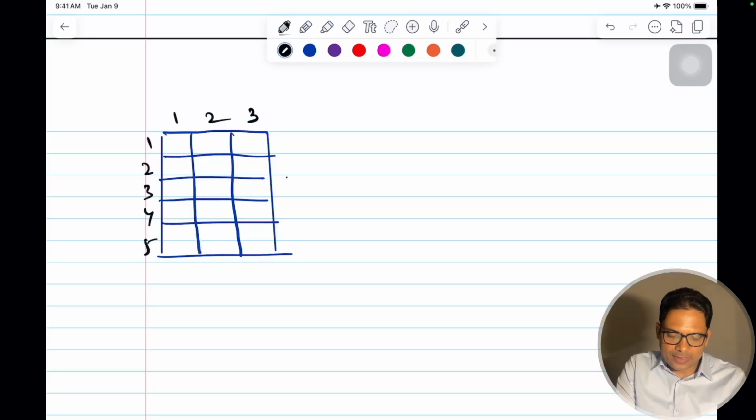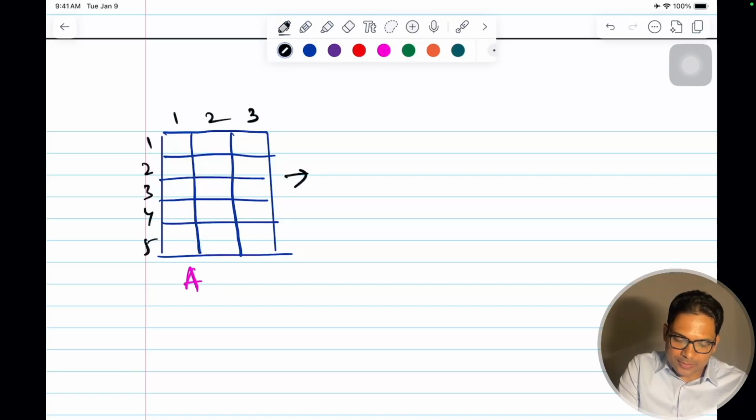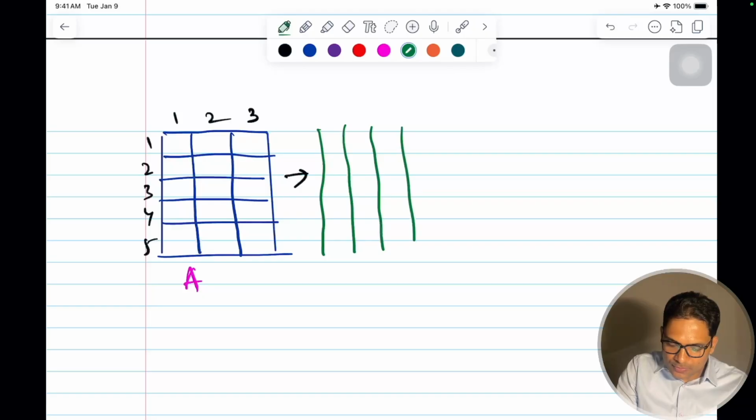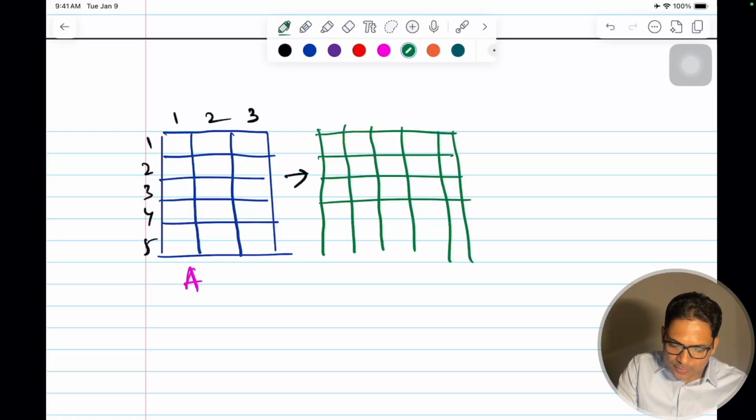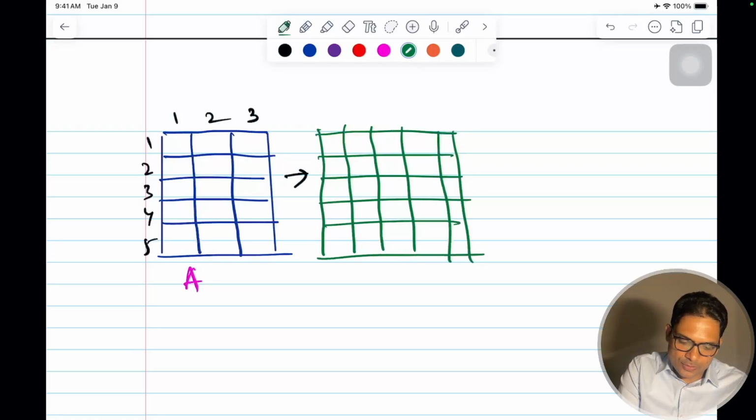Okay, and this is transformed, so this is your A, and the next will be your U matrix, right? So let me make U, 1 2 3 4 5.